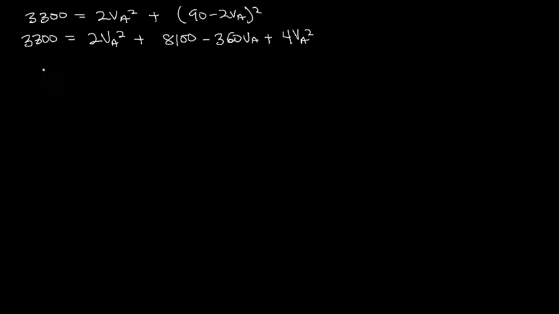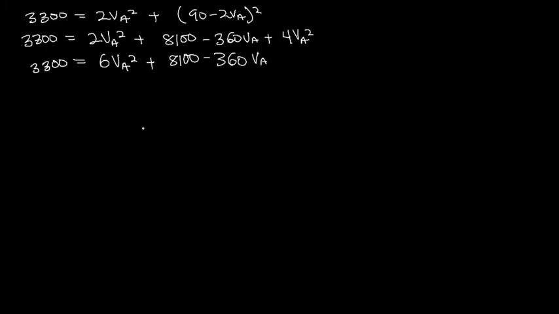So we have 3300 to be equal to, we have 2va squared, we have 4va squared over here, so we add them, become 6va squared plus we have 8100 minus 360 va.